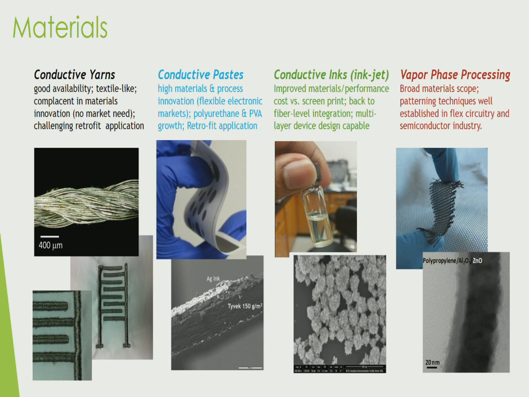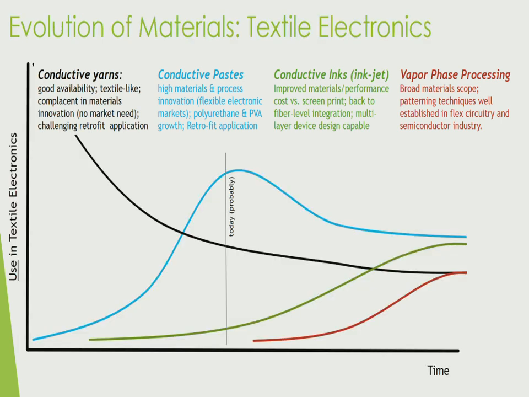And so that's why there's new technologies that are coming up, like conductive inkjet printing, as well as some of the things that we do that are most interesting to this group in vapor phase processing.